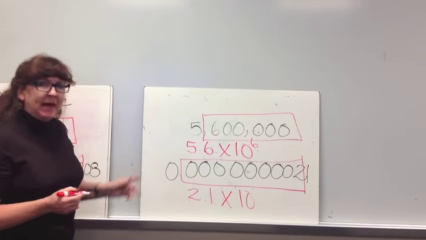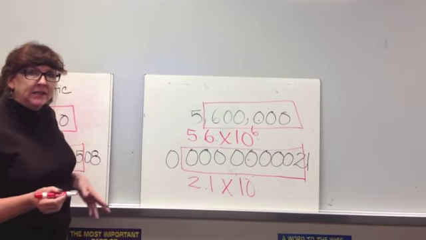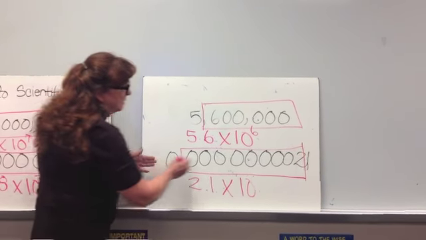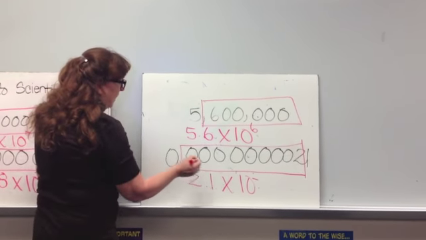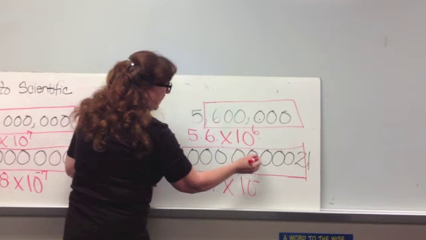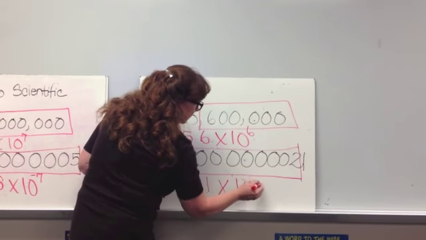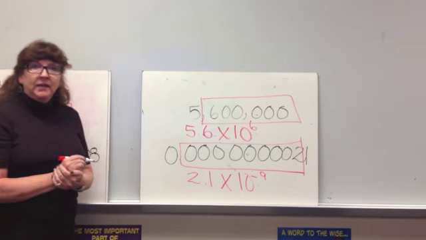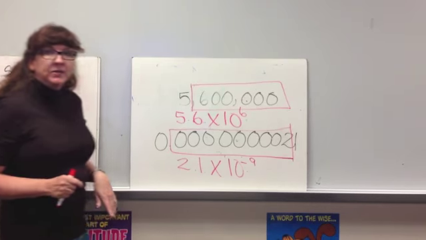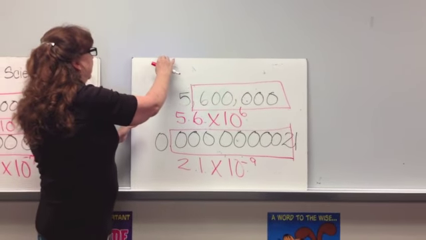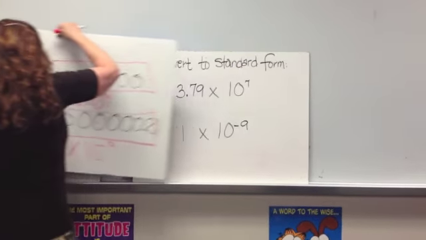Is my exponent going to be negative or positive? Well, it's very small, so it's going to be a negative exponent. I'm going to count what's in the box, 1, 2, 3, 4, 5, 6, 7, 8, 9. So it's a negative 9. So that takes this number in standard form, turns it into scientific notation. Let's go the other direction.